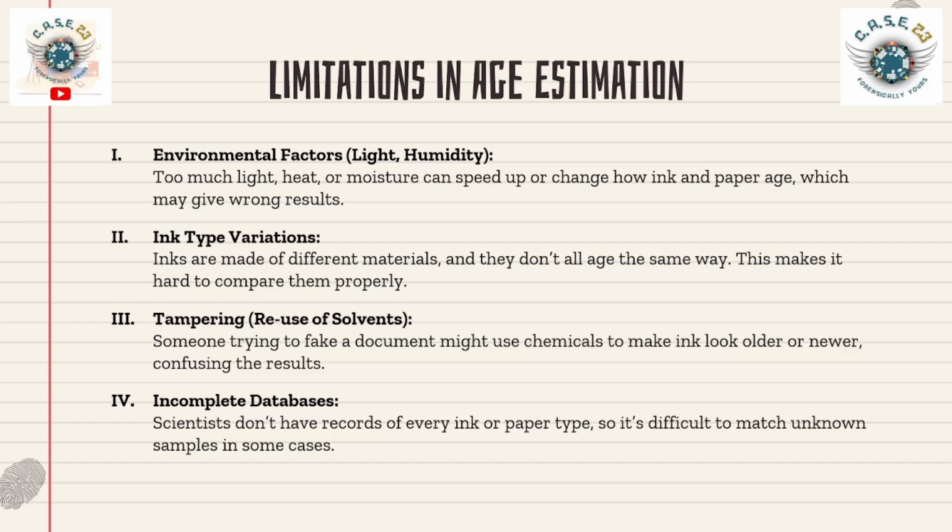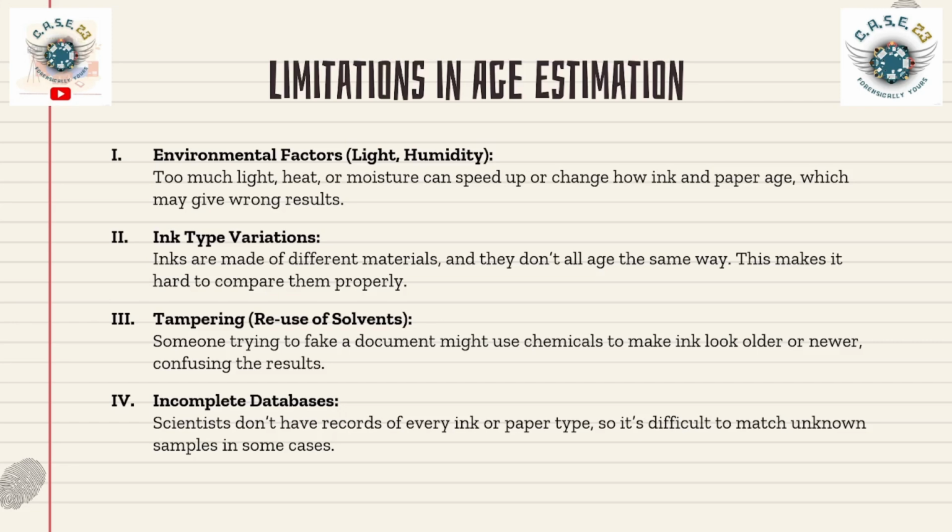And the third type of limitation is tampering using solvents. Sometimes people trying to commit fraud will use chemicals to make the ink look older or even newer. For example, applying heat or alcohol to speed up ink evaporation and fake its age. This can mislead the analysis if not detected carefully.